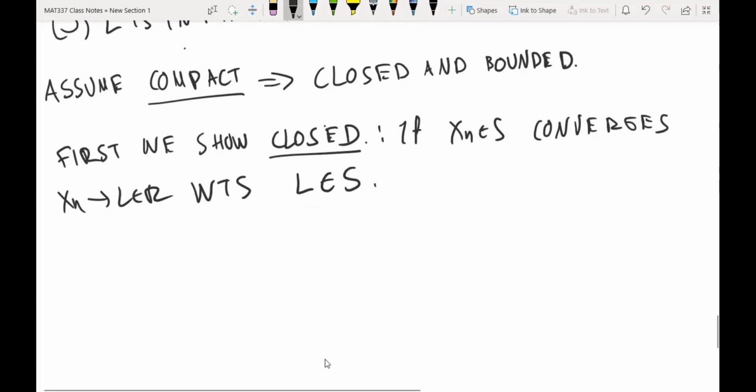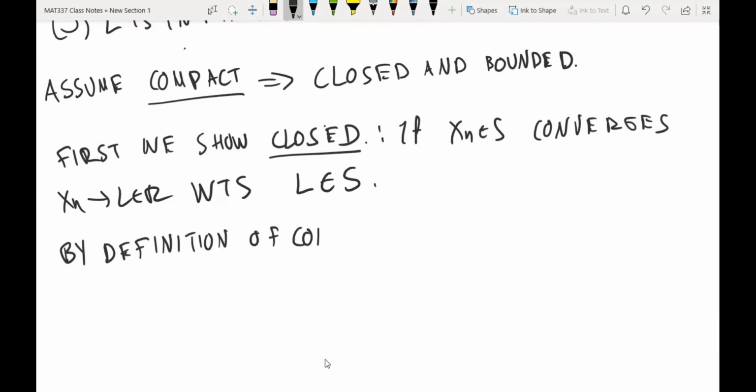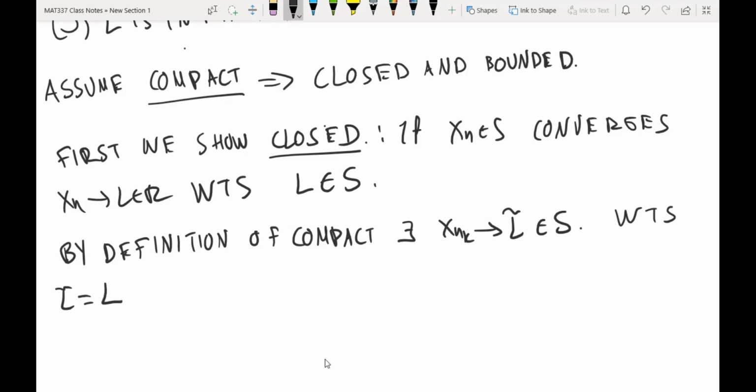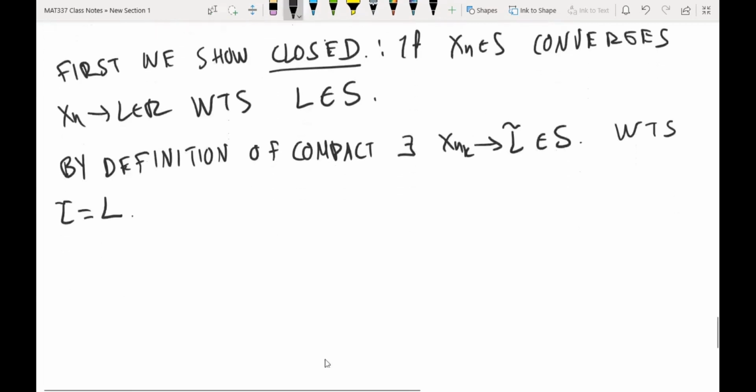By definition of compact, there exists x_{n_k} going to L tilde within the set. So now we want to show that in fact L tilde is L, and we will be done, since L tilde is in S.